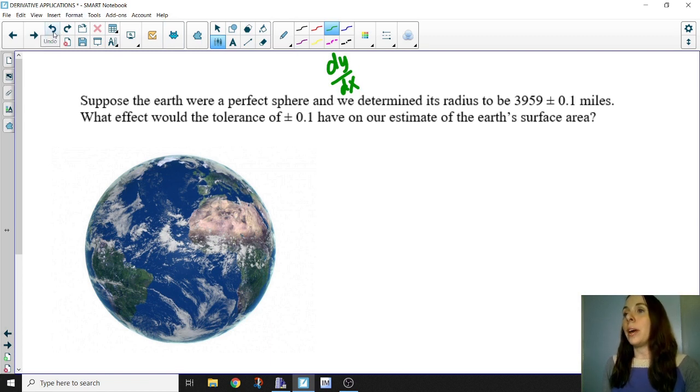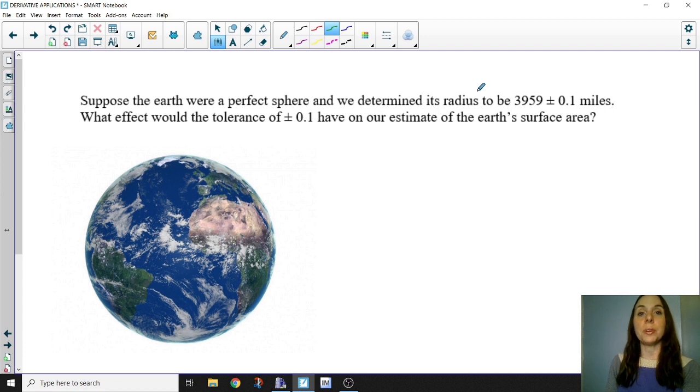Okay, so let's take a look at this example, which is a problem where we would use differentials. Suppose the Earth were a perfect sphere and we determined its radius to be 3,959 plus or minus a tenth miles. What effect would the tolerance of minus a tenth have on our estimate of the Earth's surface area?